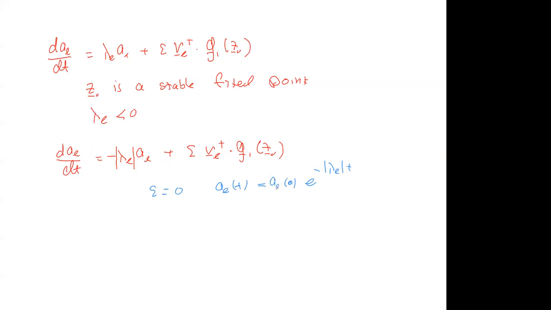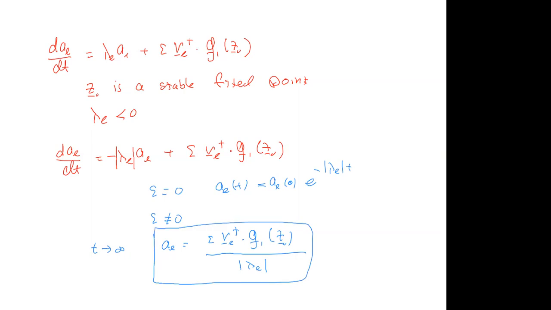Which is what you expect. If epsilon is not equal to 0, you can actually work out the time dependence, but as t goes to infinity, A_L equals epsilon V_L dagger dot G1 of Z naught divided by absolute lambda L. Okay.